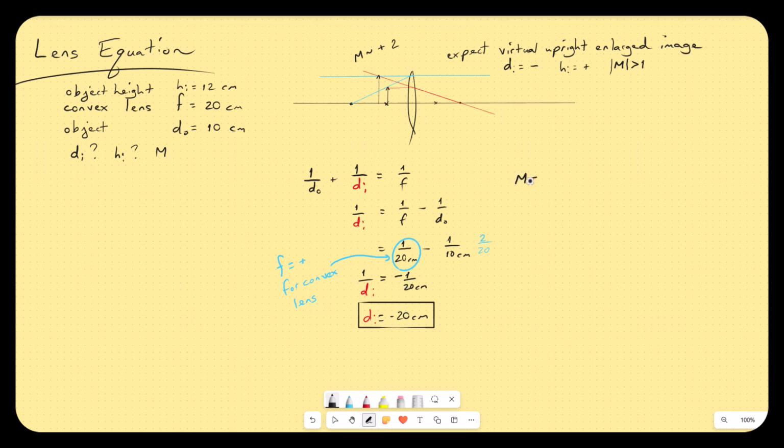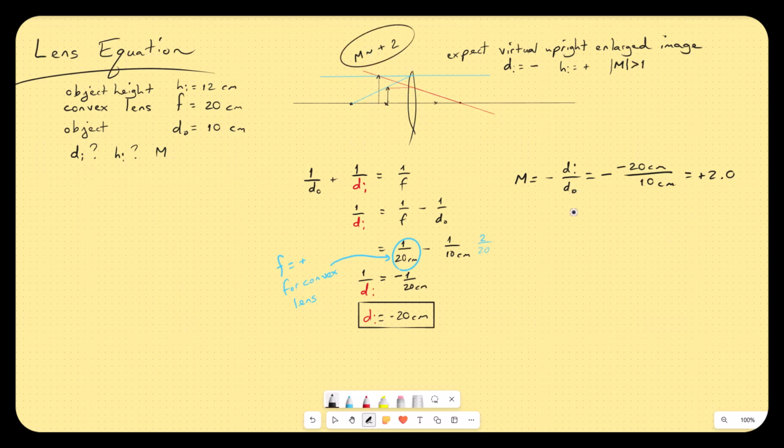My magnification equals negative DI over DO, negative negative 20 centimeters over 10 centimeters, which is positive 2.0. Hey, that was a pretty good guess.